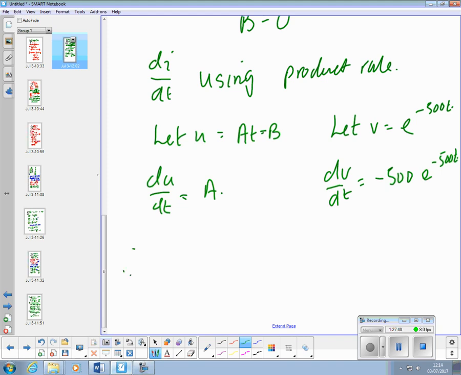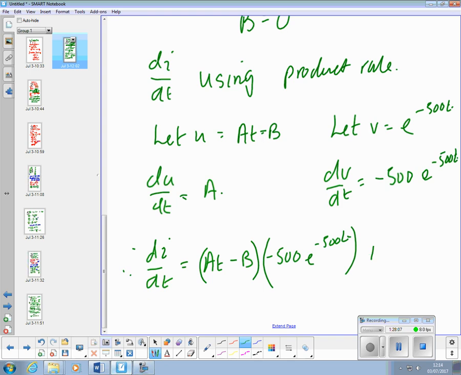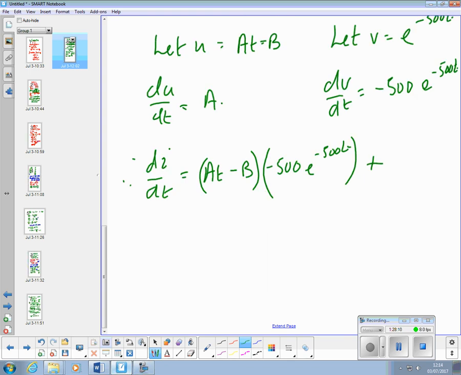Therefore, di by dt is equal to, we're looking for u, what did we call u? at plus b, times minus 500 e to the minus 500t, plus, and then we want v, e to the minus 500t, times du by dt, which is a. All right?